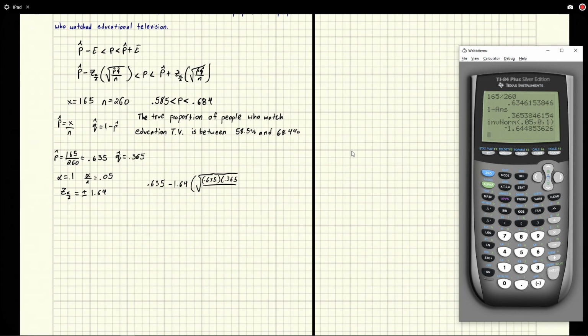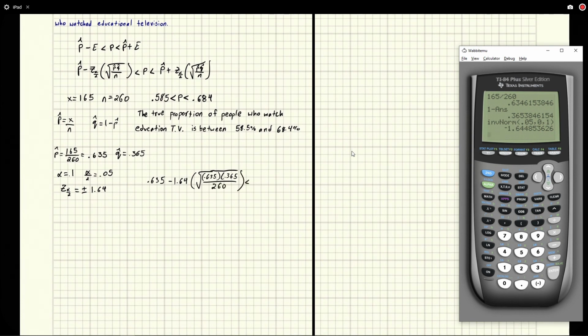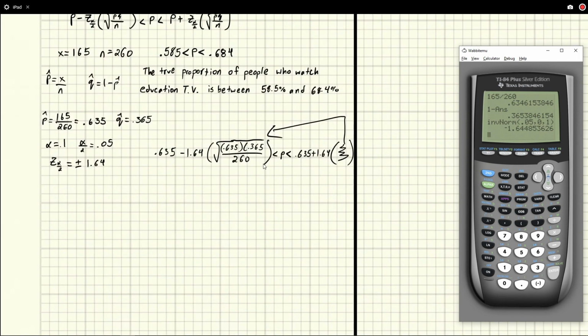N was 260. Our true population proportion is in the middle, and it's going to be the same thing on this side, except this time it's going to be added. 1.64. And then it's going to be all the same stuff that was in this one. I ran out of room, so I'm just going to go with that. Okay, so it's going to be the same thing. It's just on this side. The only thing that changes is there's a plus sign.